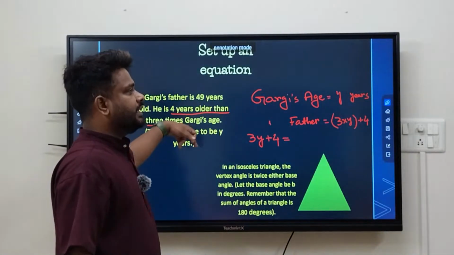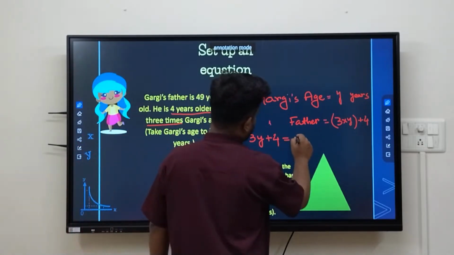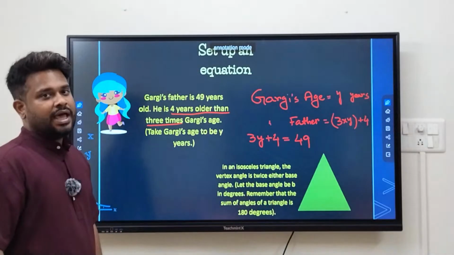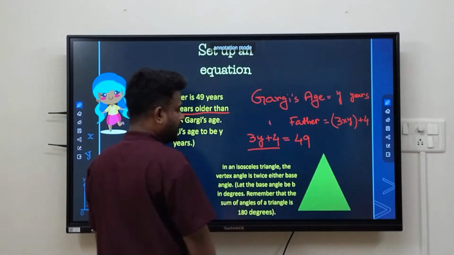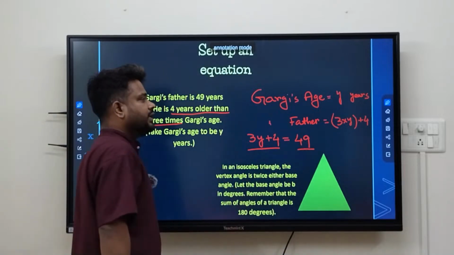But in the question, it has been told that Gargi's father is 49 years old. So by their calculation, he is 49 years old, and by our calculation, he is this much old.